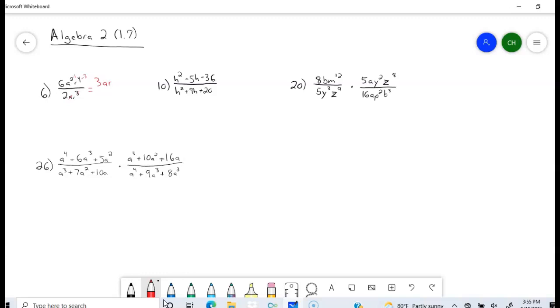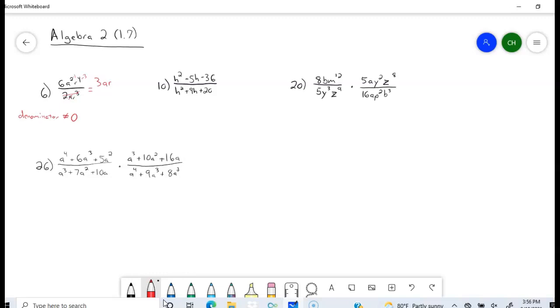Now, I'm not quite done yet, even though everything in the bottom canceled. There's one rule that I have to remember. The denominator cannot be equal to 0 because it'll be undefined, okay? So every variable that we removed that is no longer there cannot have equaled 0 to start with.